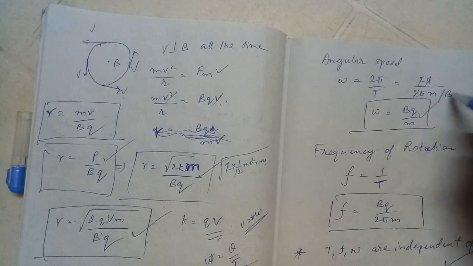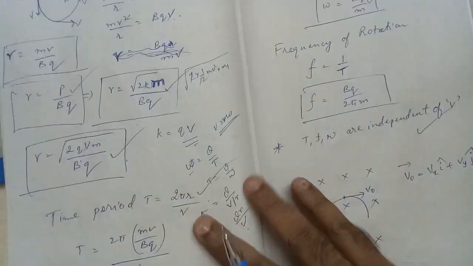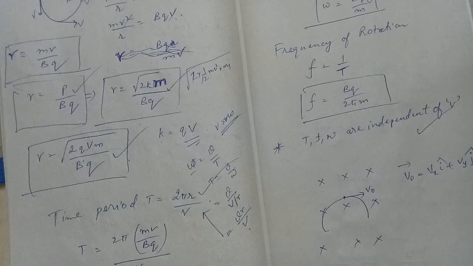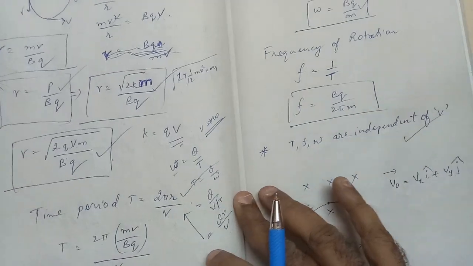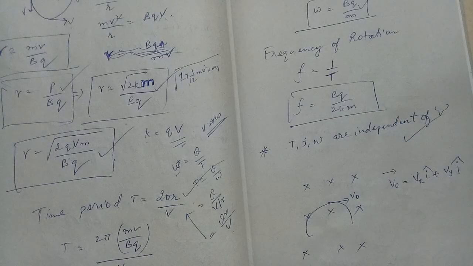You get this expression. Here also you see that there is no v in the equation, so only the radius depends upon the velocity, and time period, angular speed and frequency are independent. This is a very important point. It is often tested in problems. So f is equal to 1 by t, it is Bq by 2 pi m. You need to remember these expressions.